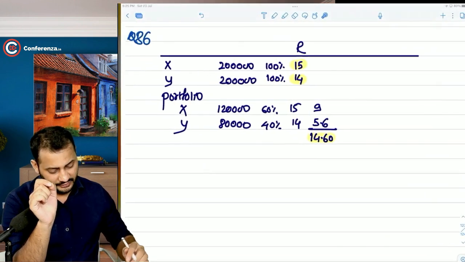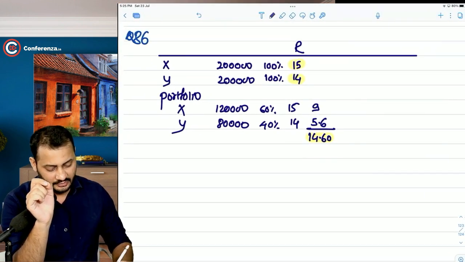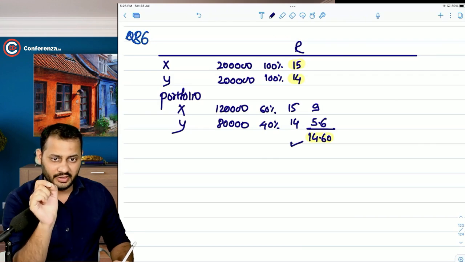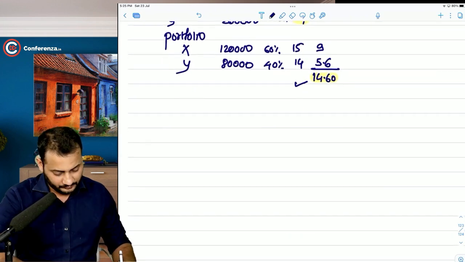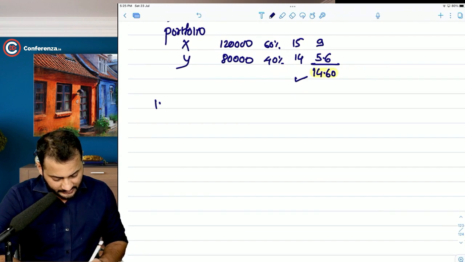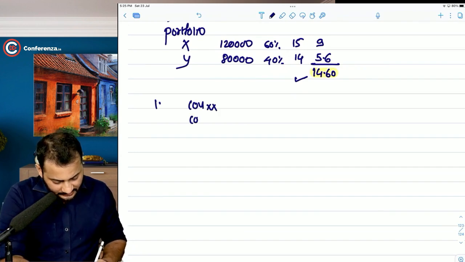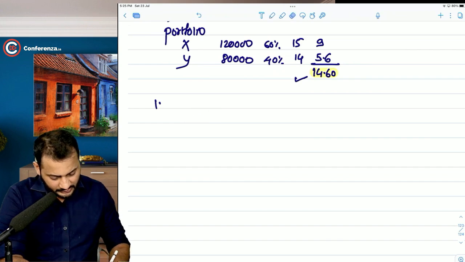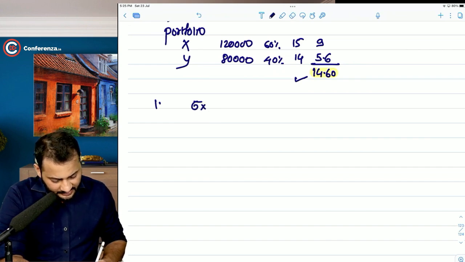Portfolio return, which we have already calculated, 14.60. Let's write down step by step. First, they are asking us standard deviation of X square, standard deviation of Y square, standard deviation of M square.